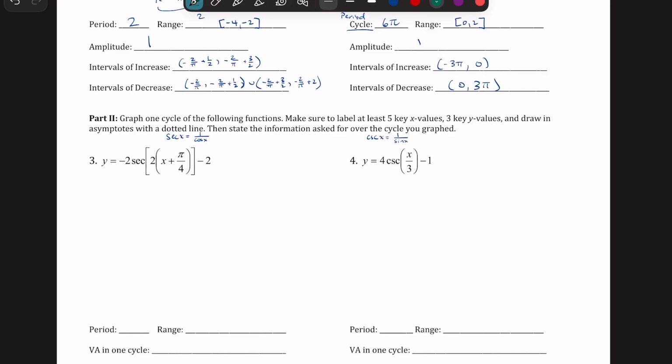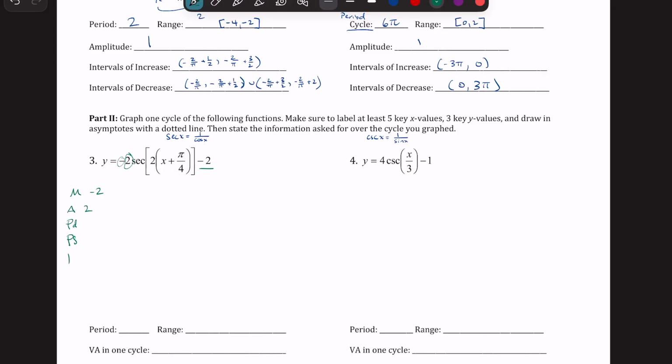All right, so here, mapping. Our midline is -2. The 2 out front tells me the amplitude. That negative we'll deal with when it comes. That's gonna flip it over the x-axis.